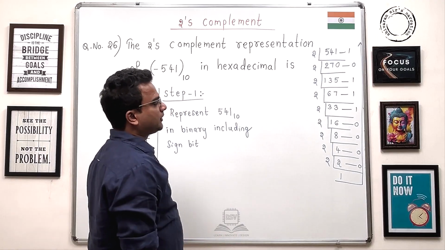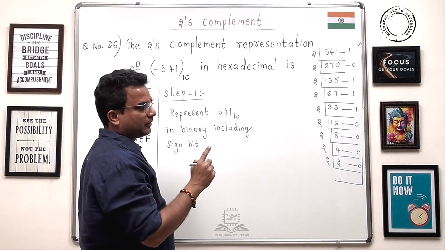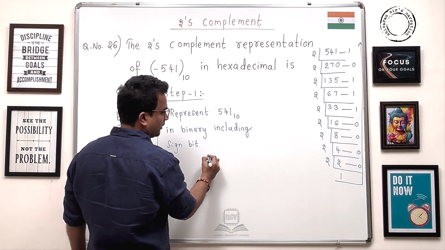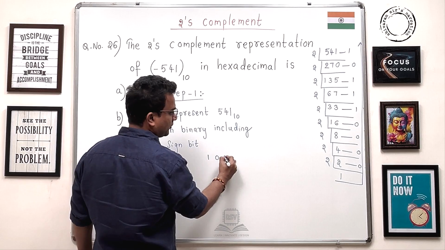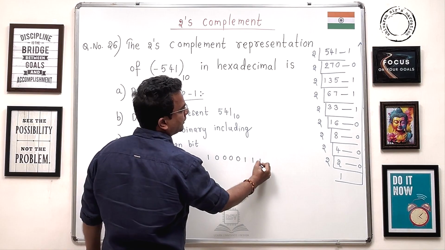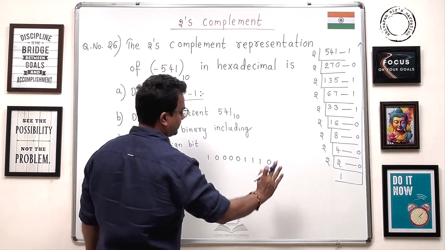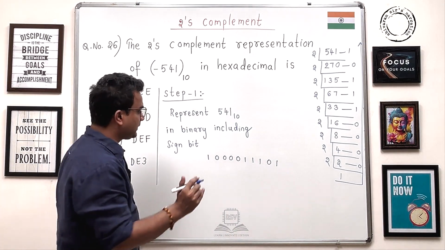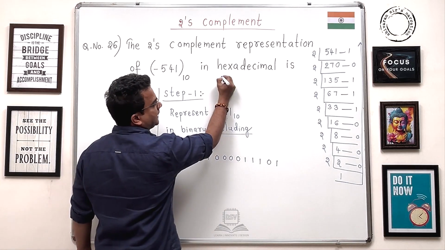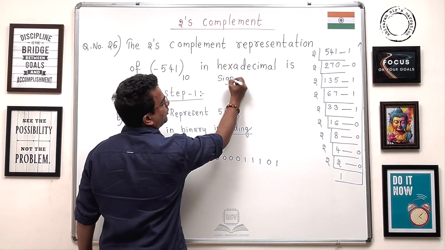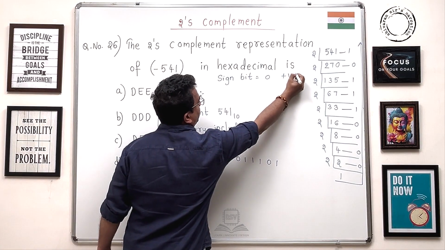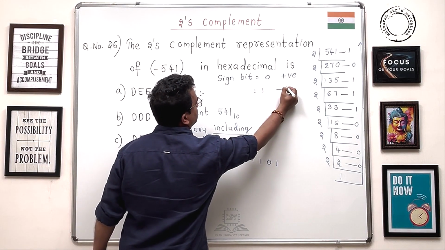So guys, 541 in decimal is 1000011101 in binary, and we need to mention it including the sign bit. We know sign bit is 0 for positive numbers and 1 for negative numbers.